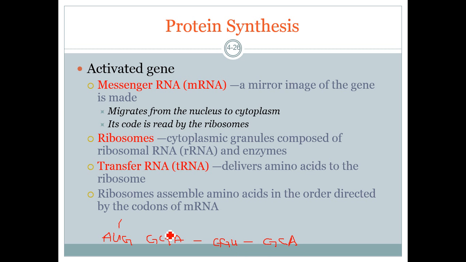These will basically code for a particular amino acid. So our AUG is our MET. I'm using abbreviations right now. Our GGA is our glycine. Our GGU is also glycine. And then our GCA is our ALA. These are all abbreviations.